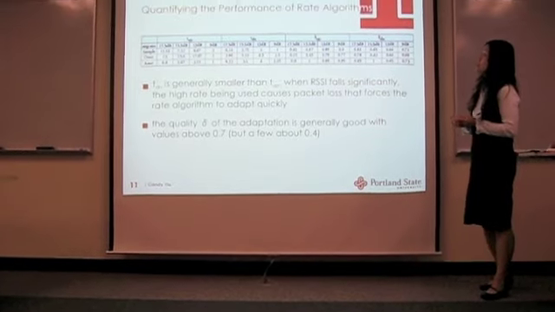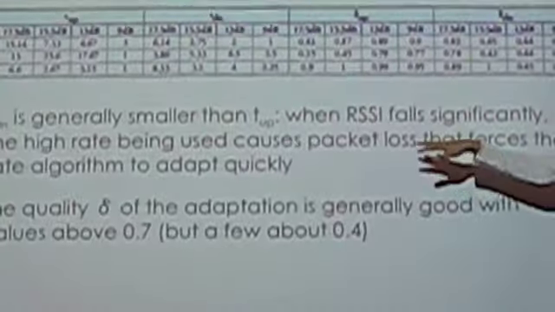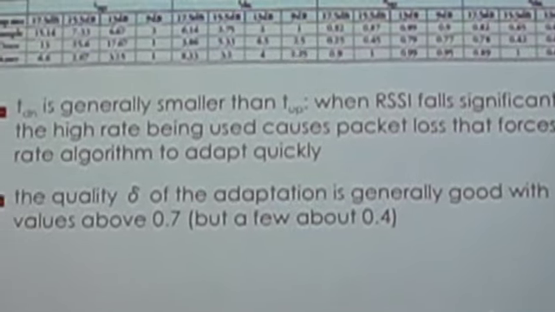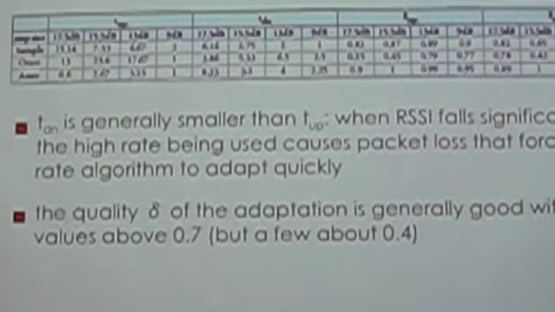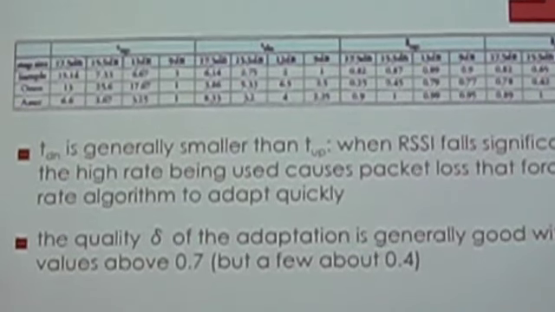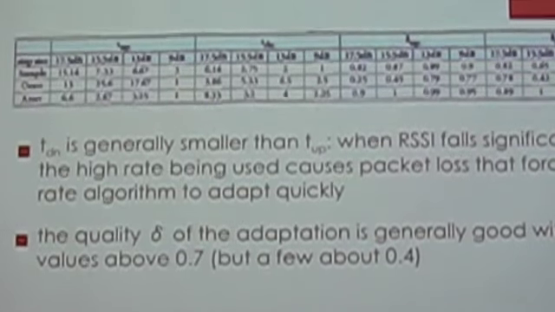To quantify the performance of rate algorithms, this is the result that we get for all the delta values and T values, both adapting up and down, for the 3 rate algorithms and for different RSSI values.